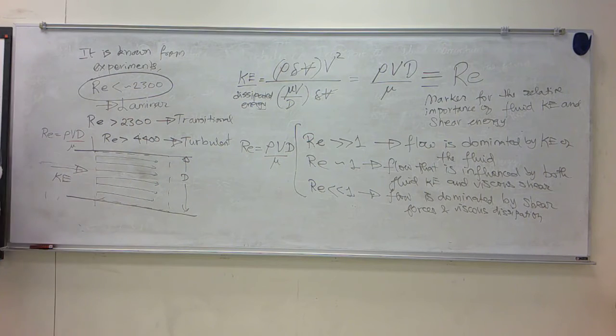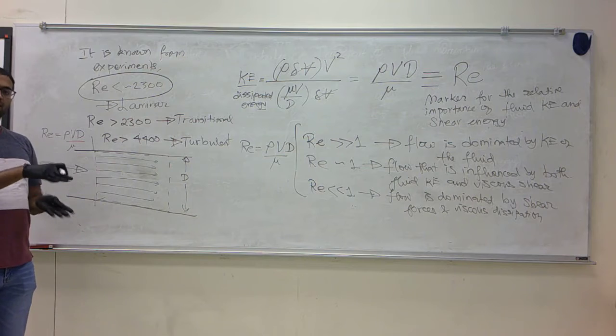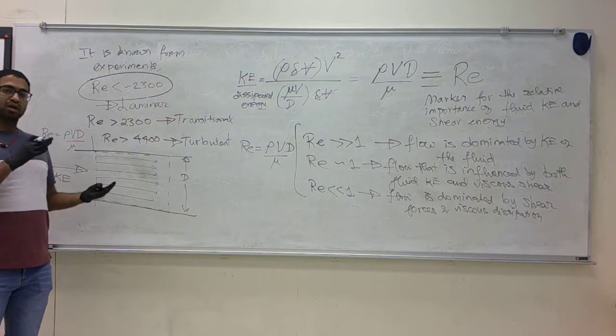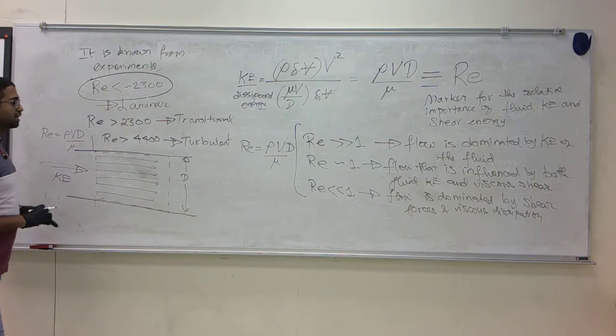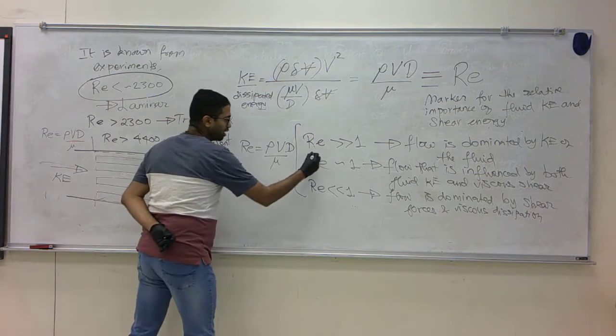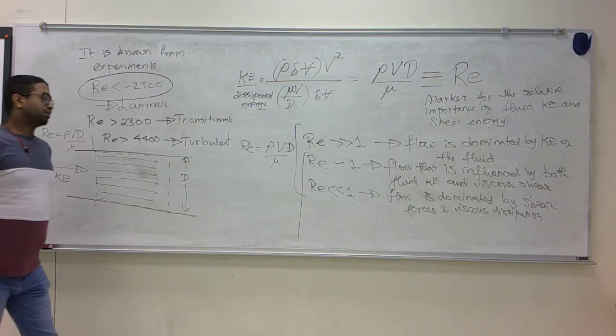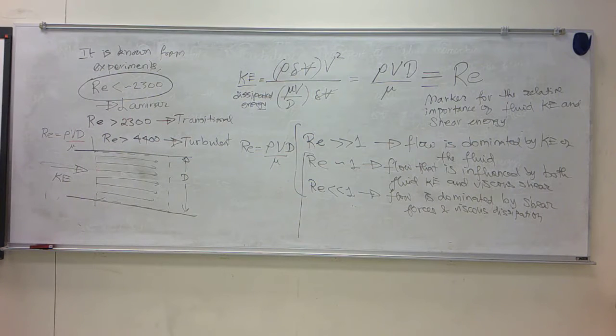That is, if the amount of kinetic energy is not too high, then it leads to a situation where the flow takes place layer by layer, where there is orderly motion and the fluid propagates as a laminar flow. And that is the situation that is covered generally by Reynolds numbers that are less than 1.